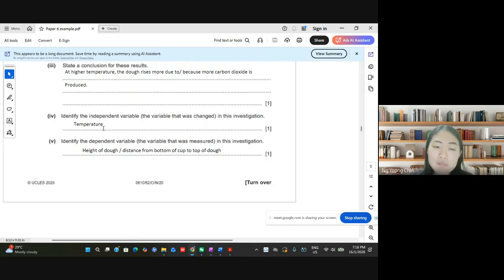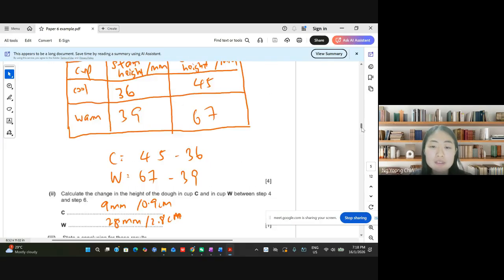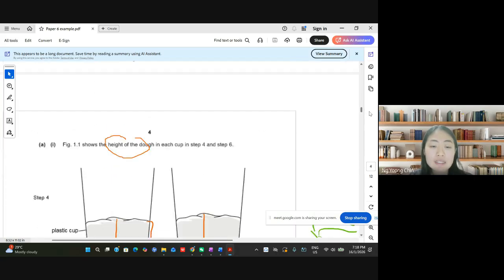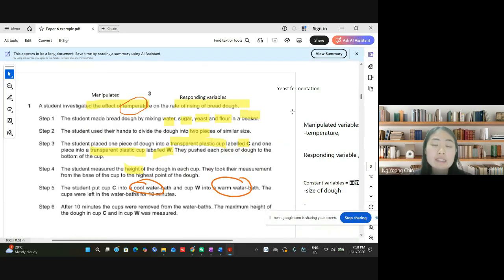But the dependent variable is a bit tricky, because usually in the question, they will give you the manipulated and the responding variable in the sentence, but for the manipulated variable, they will directly give you the answer, temperature. The responding variable, they will not directly give you the answer. They will just give you something like the rate of rising of the bread dough, and you already know that this refers to the responding variable.